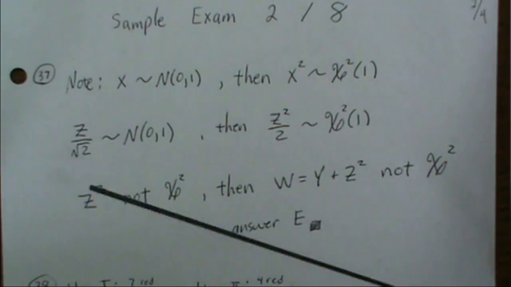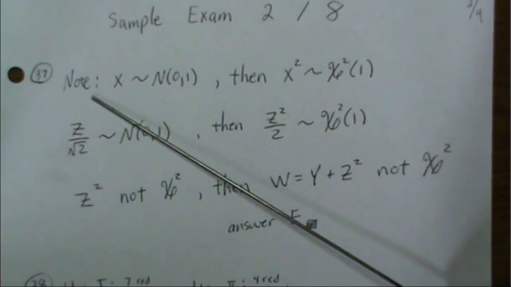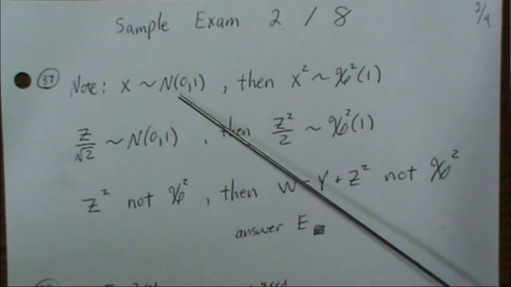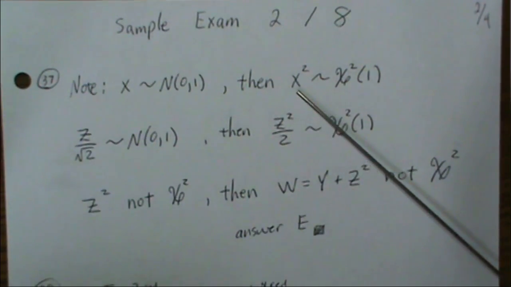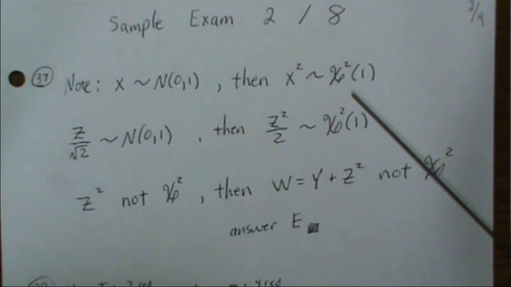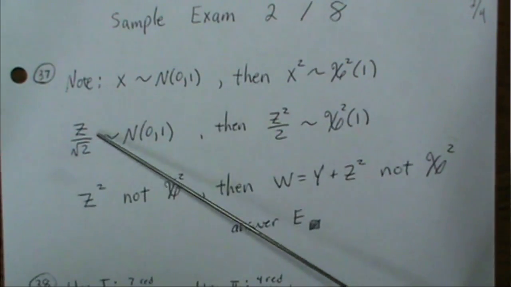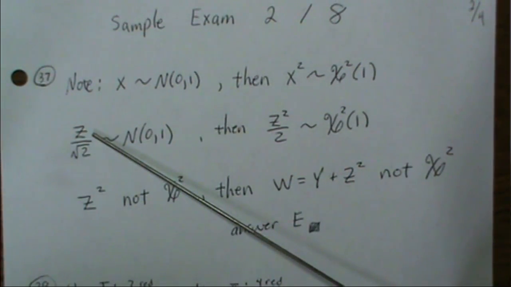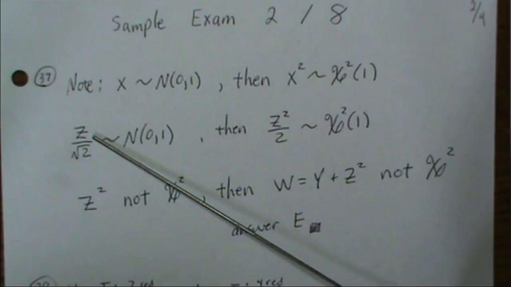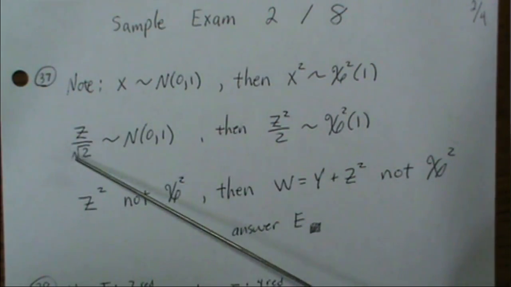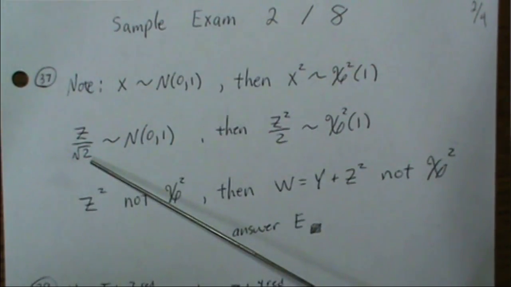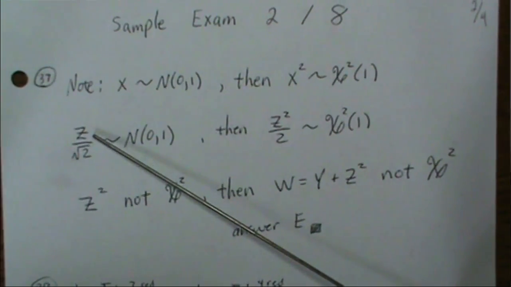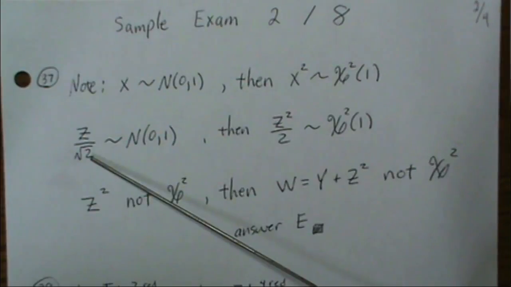So in problem 37, y is a chi-square with 2 degrees of freedom and z is normal with mean 0 and variance 2. Let's remember that if x is standard normal and you square it, then you get a chi-squared 1. But z is not a standard normal. It's a normal with mean 0, variance 2. So to make it a standard normal, you subtract the mean, which is 0, and divide by the standard deviation.